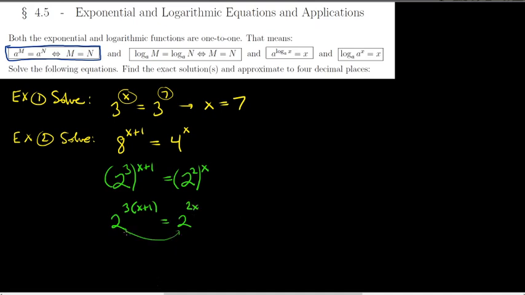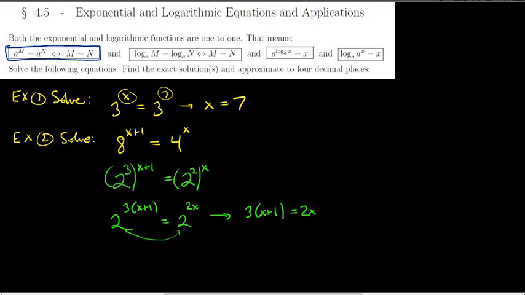Now the bases are the same. They're both equal to 2. So now I can use this property that says that I can take the 3 times x plus 1, and that has to be the same as the other exponent, 2x. So I just set this exponent equal to this exponent because the bases are equal. And I think you can take it from here.